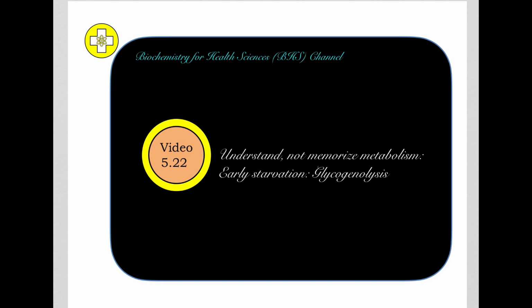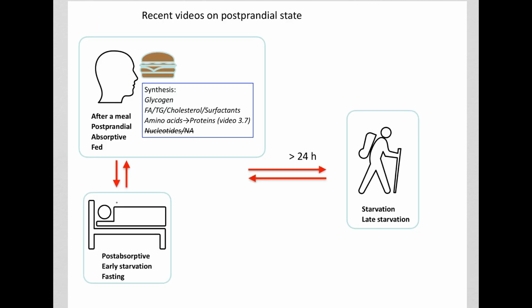In today's video, we shall talk about glycogenolysis. During the last few videos, we focused on the postprandial state, that is what happens after a meal. Since there is a lot of glucose present in the meal, and a lot of ATP that can be made from the glucose, during that time when insulin is high, we talked about the major metabolic pathways that were synthesis pathways.